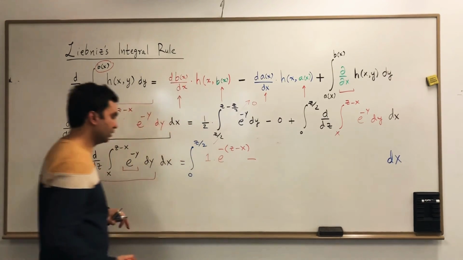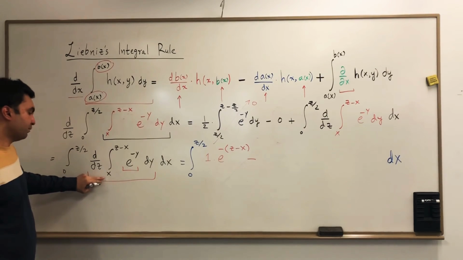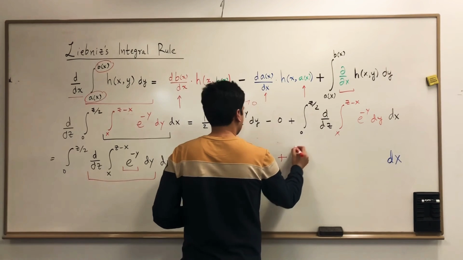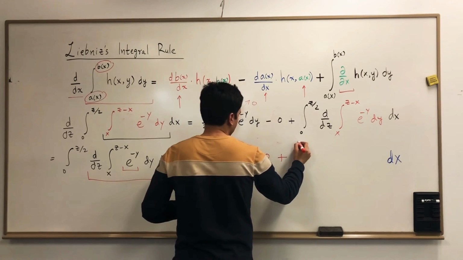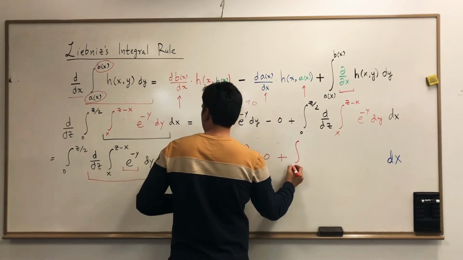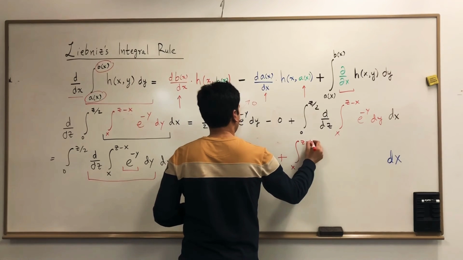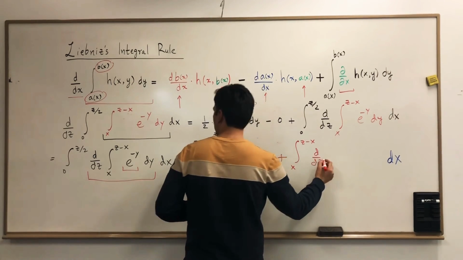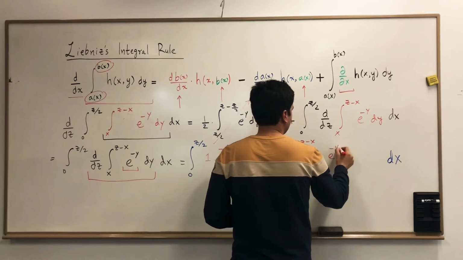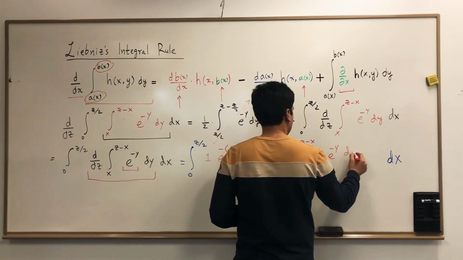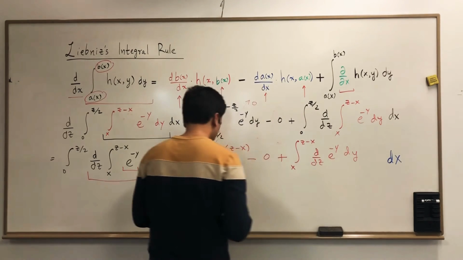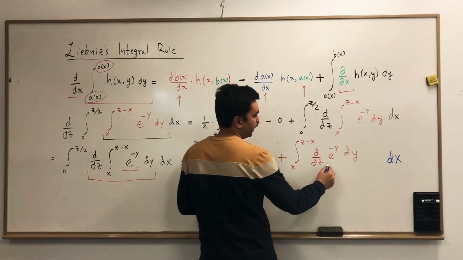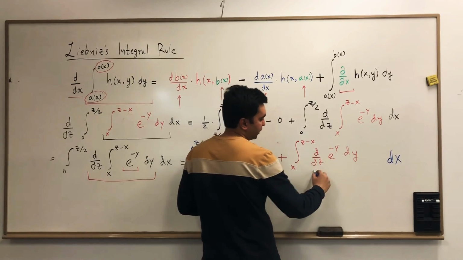Minus the derivative of the lower limit. The derivative of x with respect to z is 0, plus, now we can safely move the derivative inside. So x to z minus x times d over dz e to the negative y dy, and notice again derivative of e to the negative y with respect to z is 0.